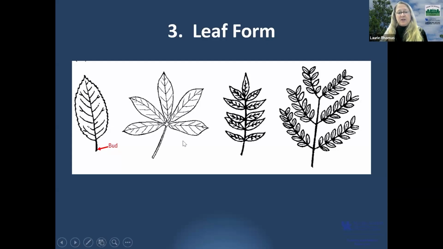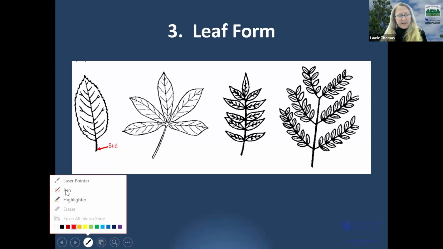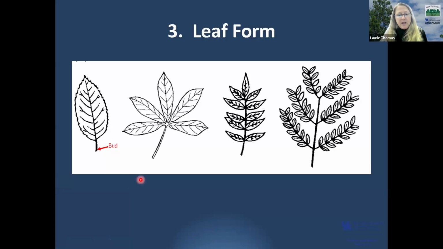Okay, but say this is our tree. We look at the base of each one of what we think are our leaves right here. And when I pull up my laser pointer, it might be a little easier. We look at the base of each one of these leaves and we're not seeing that we have any buds there. At the base of each one of these leaves, we're not finding a bud.